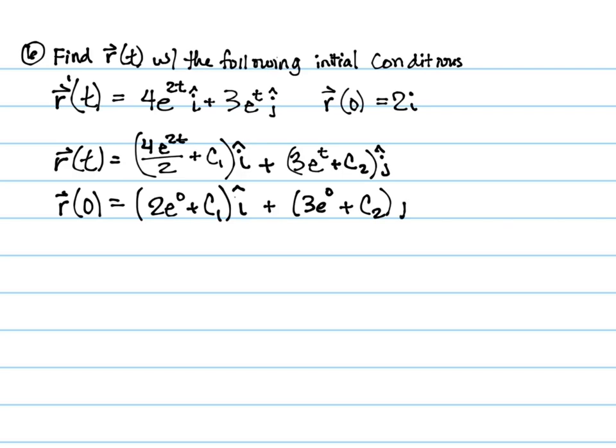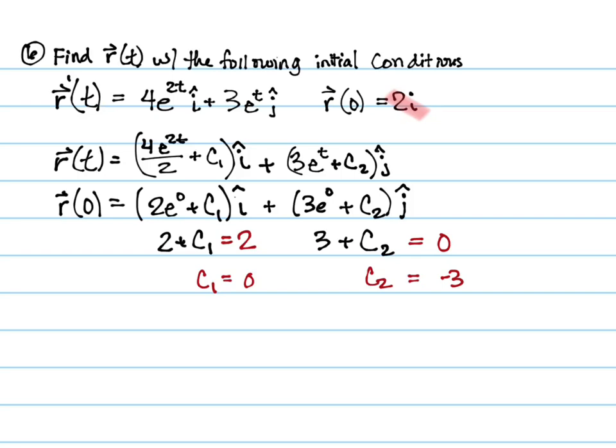What's anything to the 0 power? 1. So these are giving us just 2 plus c1 and 3 plus c2. And it's supposed to be that the i component is 2, and that would mean that my j component is 0. So what would c1 have to equal? 0. And what would c2 have to equal?